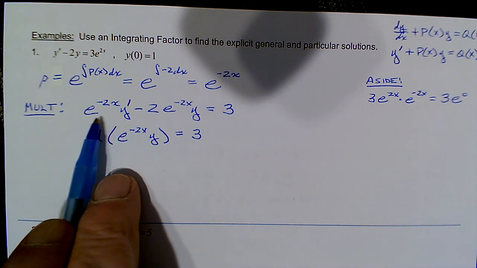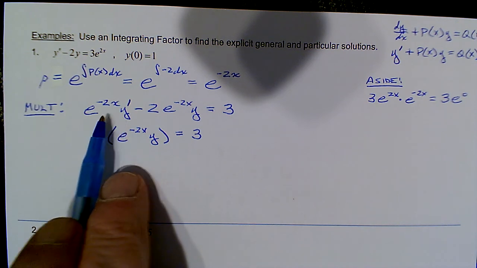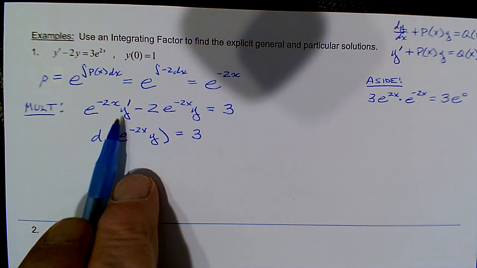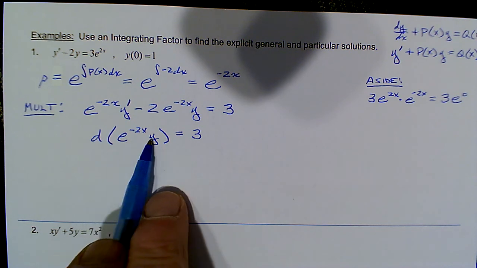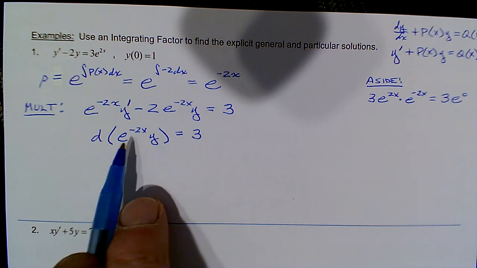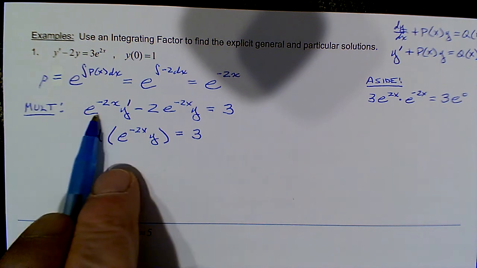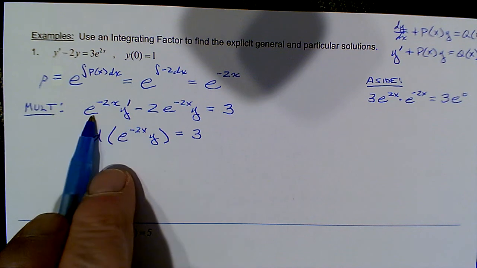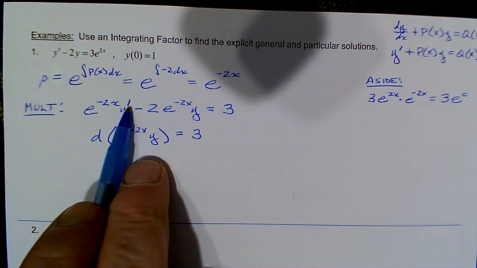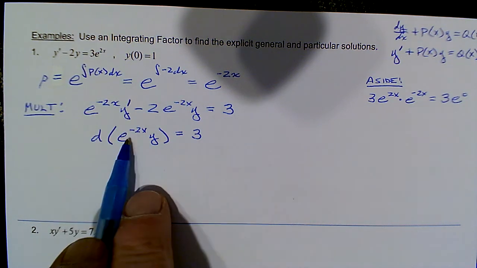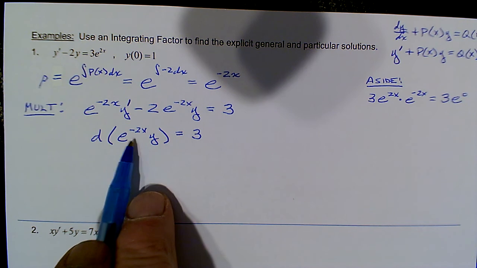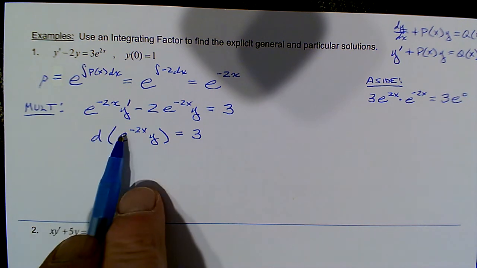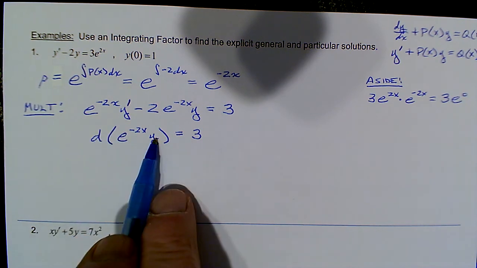So if you look at the term containing the prime, e to the -2x y prime, the product that's going to give us this left-hand side will be that term taking away the primeness. Okay, so even though we proved it, another way to think of it is just the integrating factor times y, as we've proven.